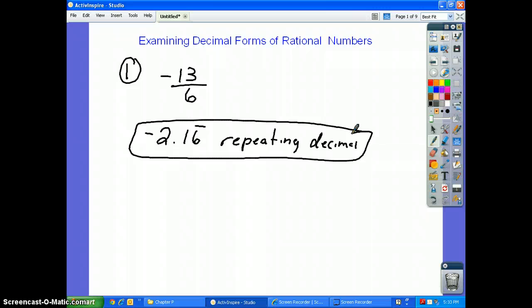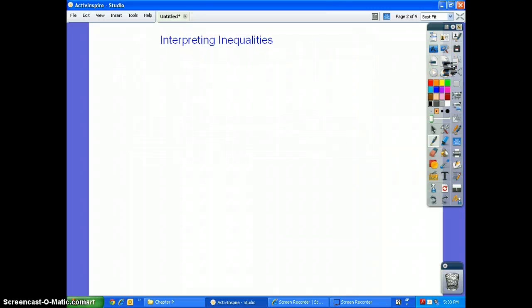Example number two happens to be problem number 5 in your book. In example number 2, you're going to interpret the inequality that you see: x is less than or equal to 2. Here, your goal is to describe and graph the interval of real numbers x is less than or equal to 2.